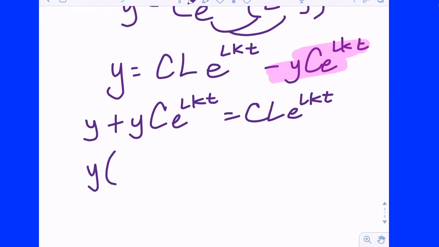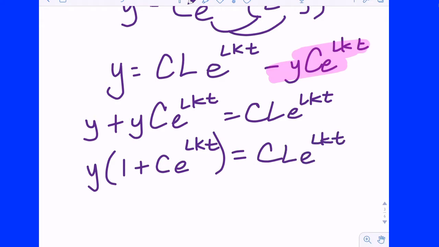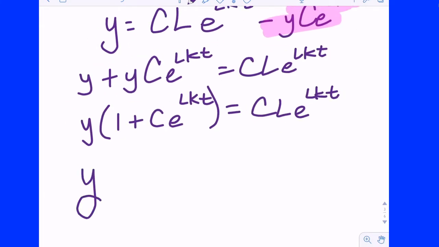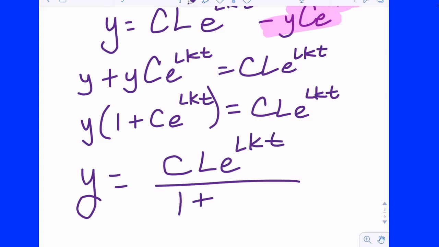I can factor out a Y, and I get 1 plus CE to the LKT power, and that equals CLE to the LKT power. And then, here I go. Y equals CLE to the LKT power all over 1 plus CE to the LKT power.